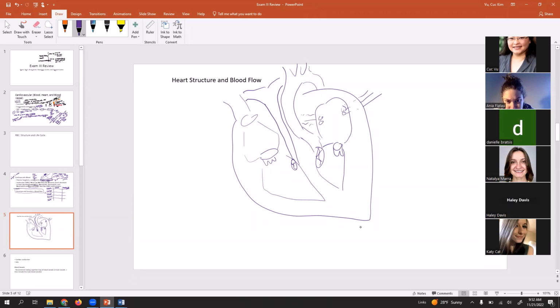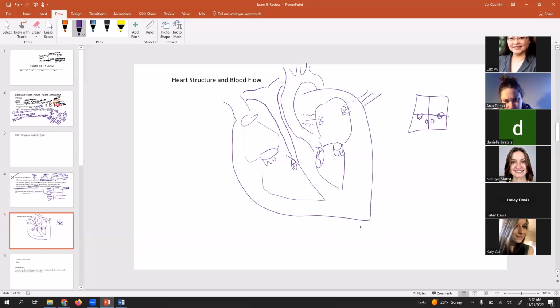Really the best way to do this is just to draw it out and label it. And if you can't draw it out like this, then draw it out like this. It's the same thing, right? It's about having four chambers and going through it.